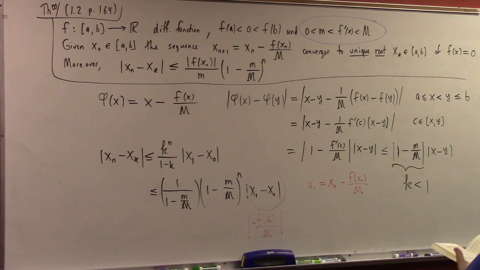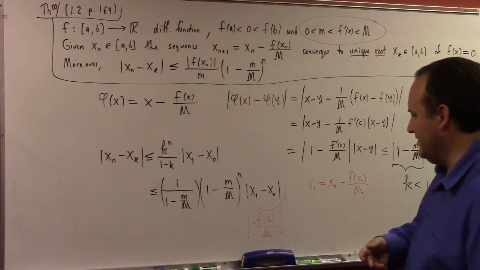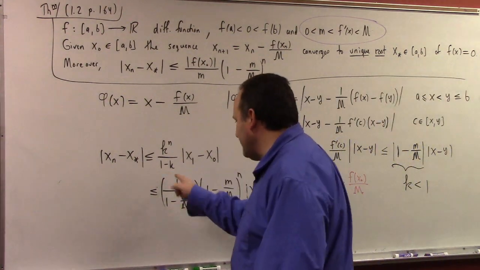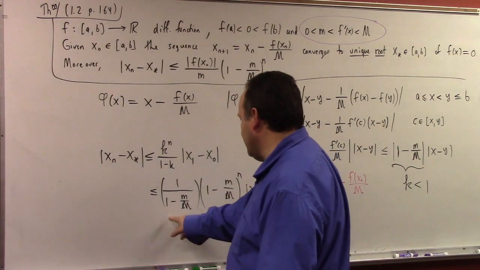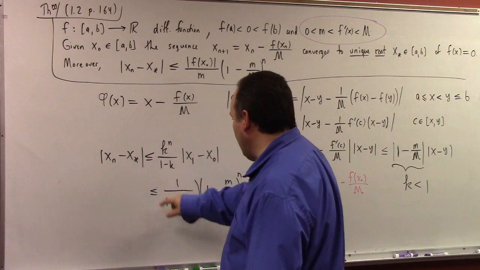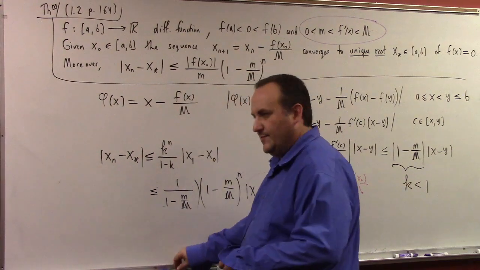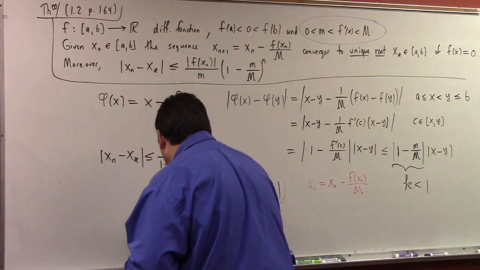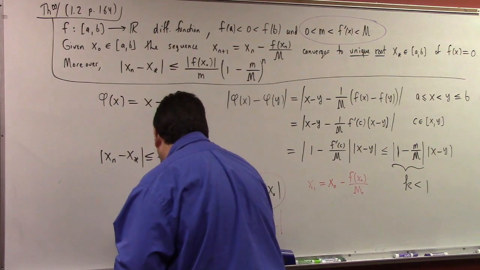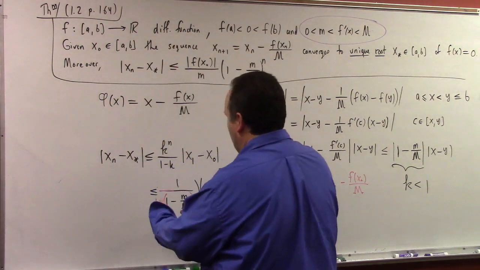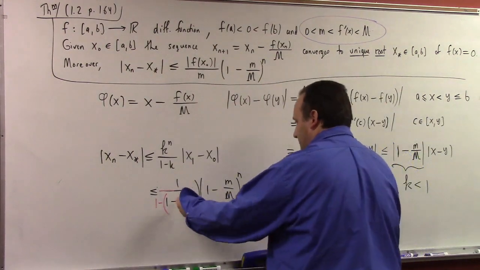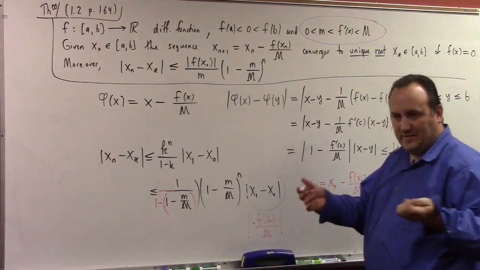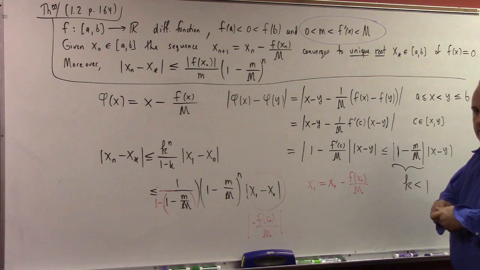Oh, I can't do math. I'm a dummy. Look, it's just stupid. 1 minus K, right? What do I have here? Just K. I'm a dummy. So I'm supposed to do this, 1 minus that, right? The 1's cancel, and you've got m over big M, and then that M cancels with this M and leaves you little m. It's just literally algebra.